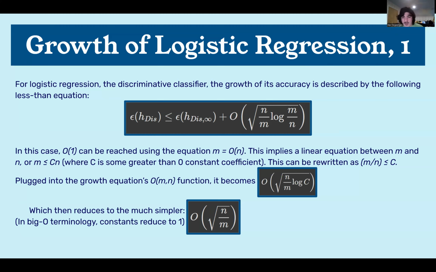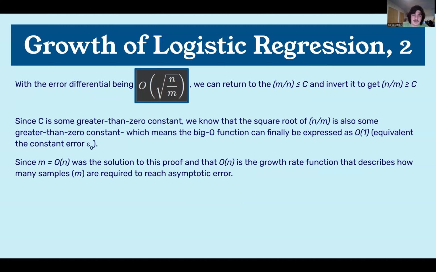This implies a linear equation between m and n, or m is less than or equal to c times n, where c is a coefficient greater than 0. This can also be written as m over n is greater than or equal to c. Plugged into the growth equation's O of m and n function, we have O of the square root of n over m log c. We can reduce the log c out because constants reduce to 1 in big O terminology. So it's the square root of n over m.